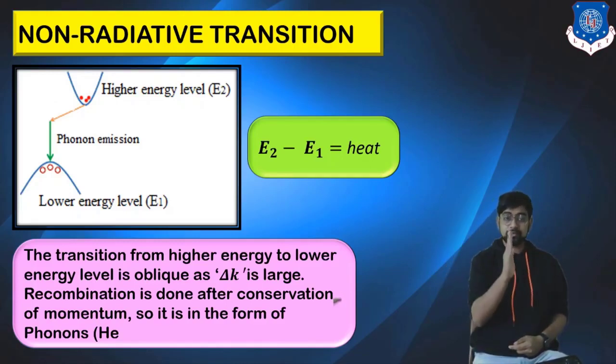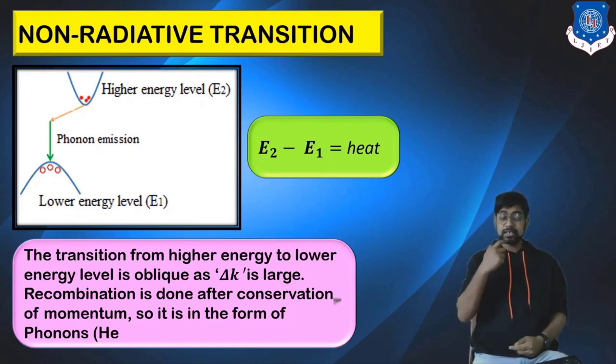To match up, a certain amount of energy is required, which is dissipated as heat. Take into consideration that the first was a photon and this is a phonon. So it is done after the conversion of the momentum, in the form of phonons. That's why it is known as a non-radiative transition.